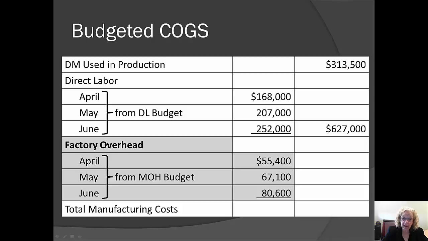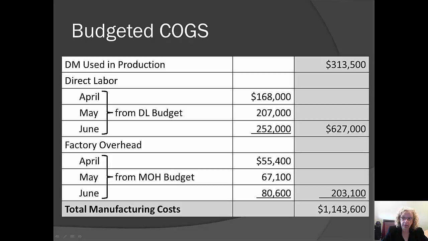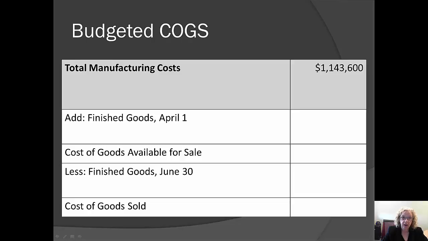Finally, we can add factory overhead. Altogether, the materials plus the labor plus the overhead gives us our total manufacturing costs. Next, we need to determine how many units we got out of all of these costs.